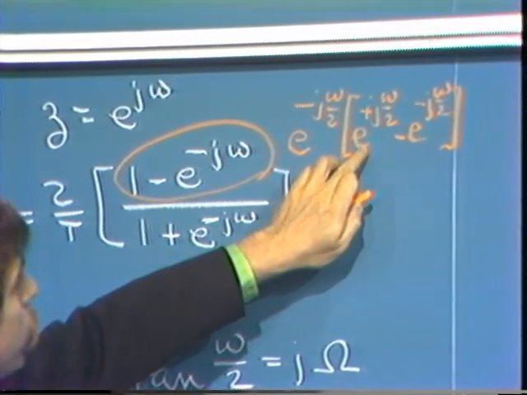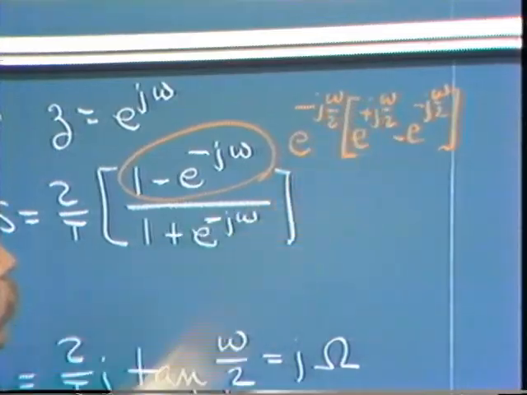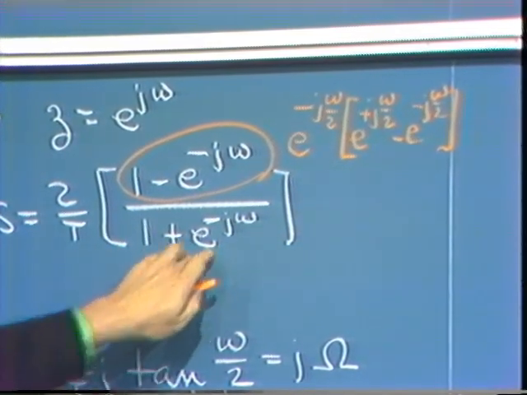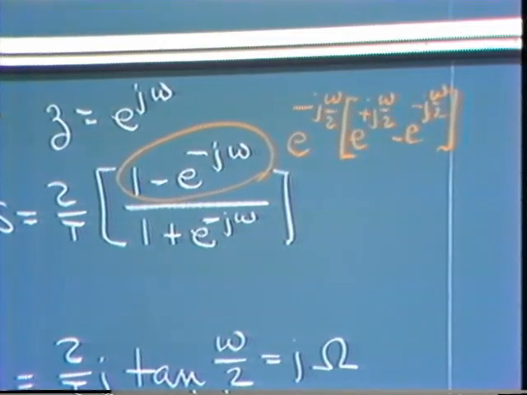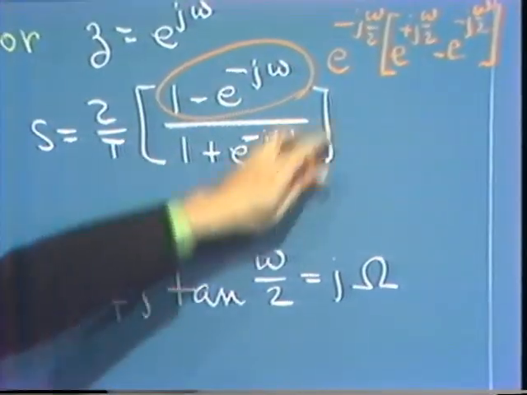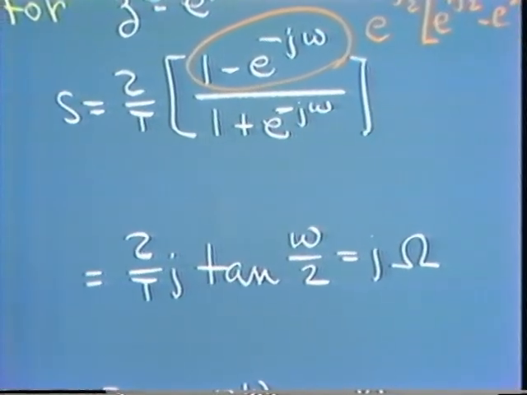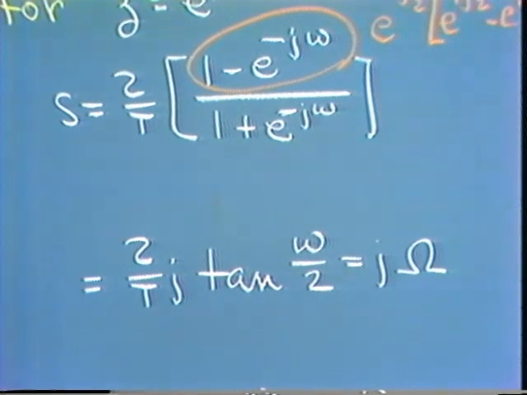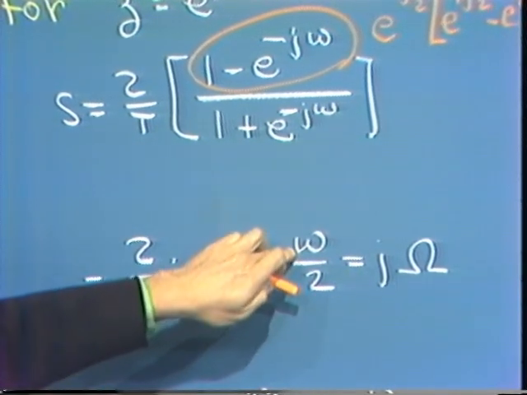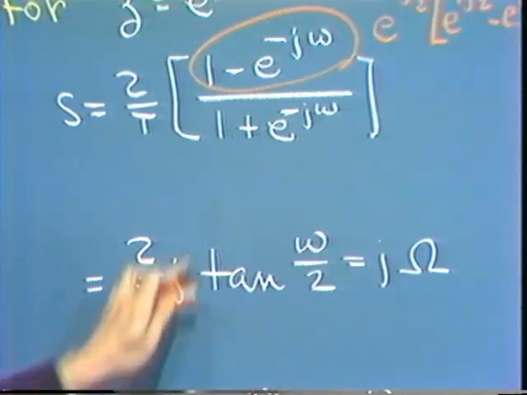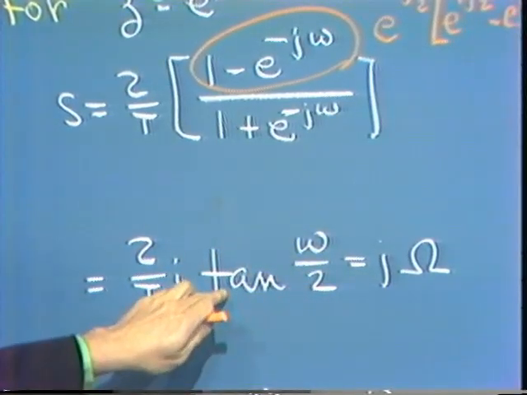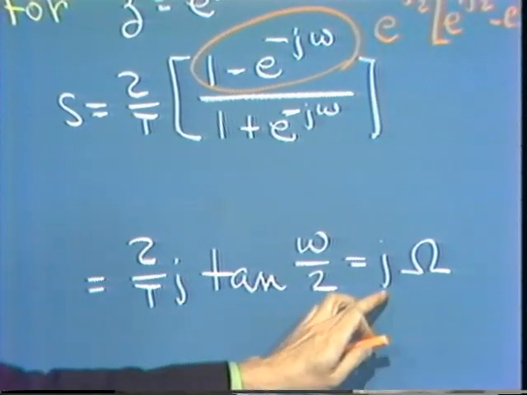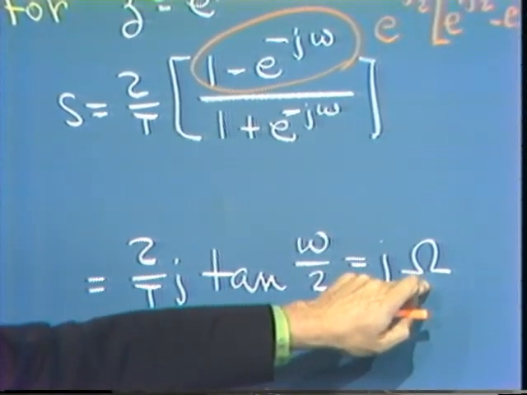And we recognize this numerator then as 2j times sine omega over 2. Well, likewise, we can carry out a similar manipulation with the denominator term. The result then is that this can be rewritten as 2 over capital T times j times the tangent of omega over 2. Well, since omega ranges from 0 to 2 pi, this is always a real number, tangent omega over 2, and consequently, we can rewrite this as j times a real number, capital omega.